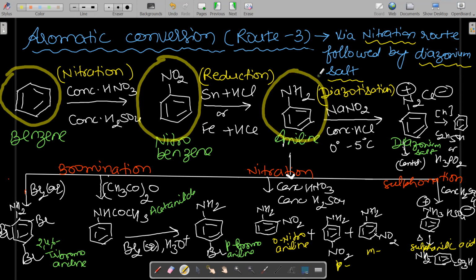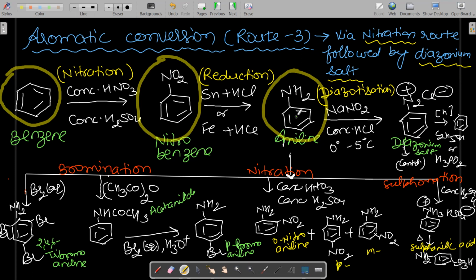Whenever you are doing any conversion where nitrogen is coming, the first step will be nitration, and then nitration further goes for reduction, and then the next step. So benzene to aniline, how to convert? First nitration to form nitrobenzene, and then this nitrobenzene is reduced to form aniline.